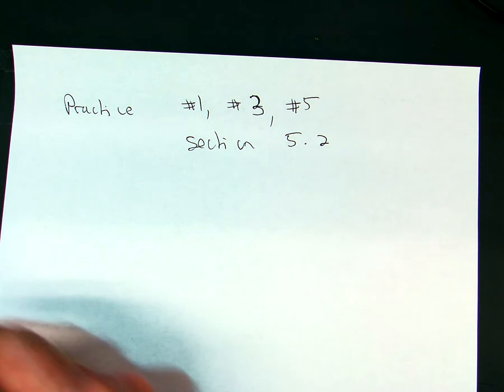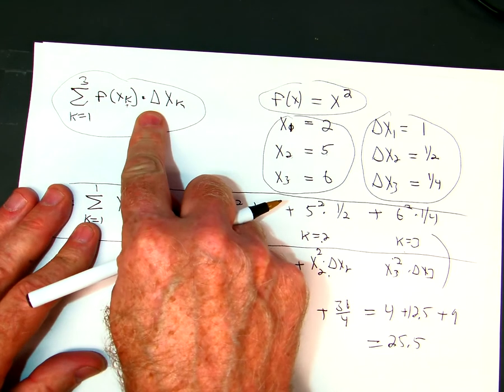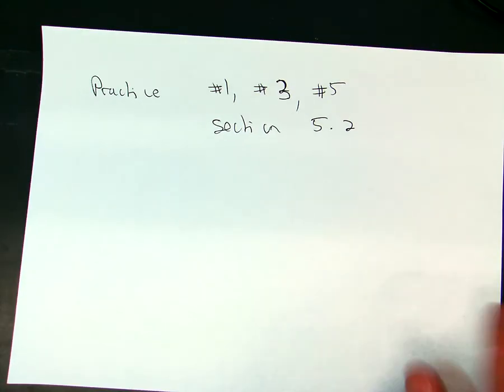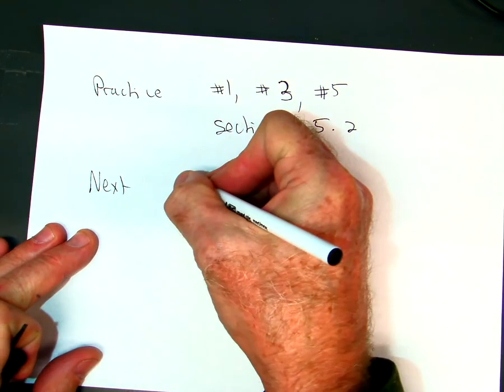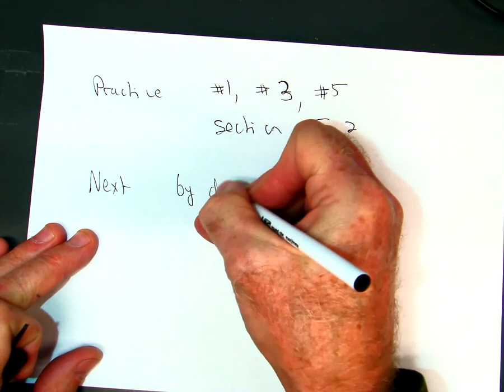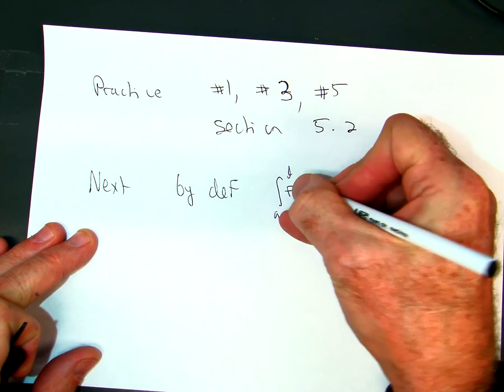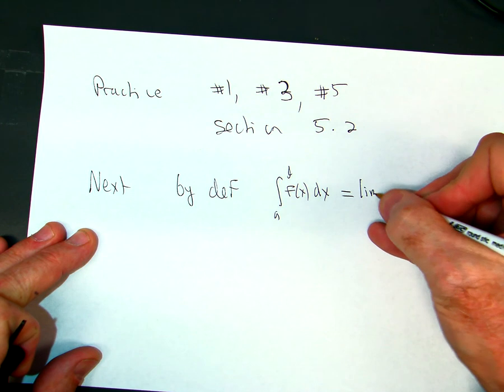What I'm going to emphasize is this kind of thing. And what we're going to see as a preview of what's to come next, in the next video, is that by definition, the integral from a to b of f of x dx is equal to this bizarre looking object.